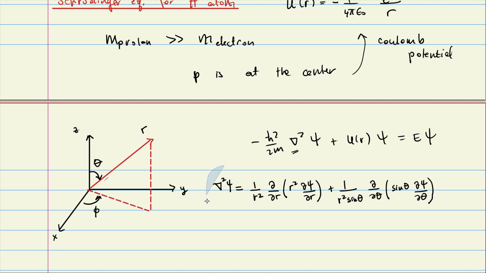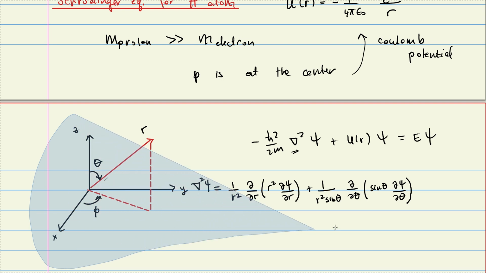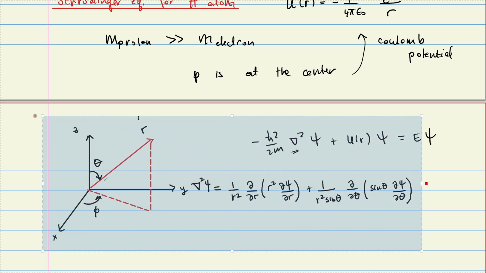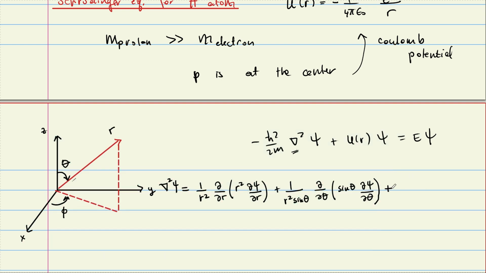I think I'm going to run out of space. Maybe I can shift the entire thing a little bit. And plus 1 over r squared sine squared theta del squared psi del phi squared.